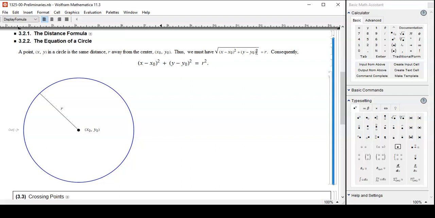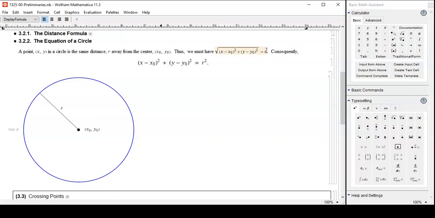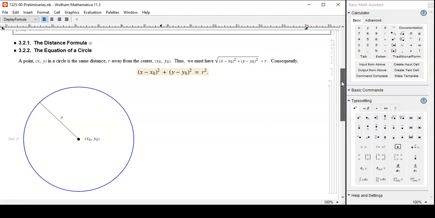So the distance is r in the distance formula. Of course, I don't like the square root, so square both sides to kill off the square root, and that's what we get there. So this ends up being the equation of a circle centered at x0, y0 with radius r.